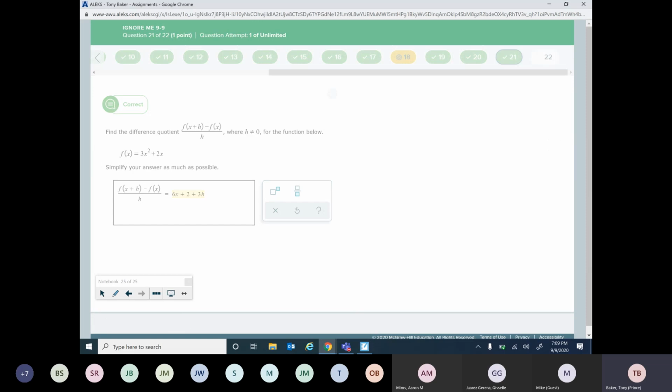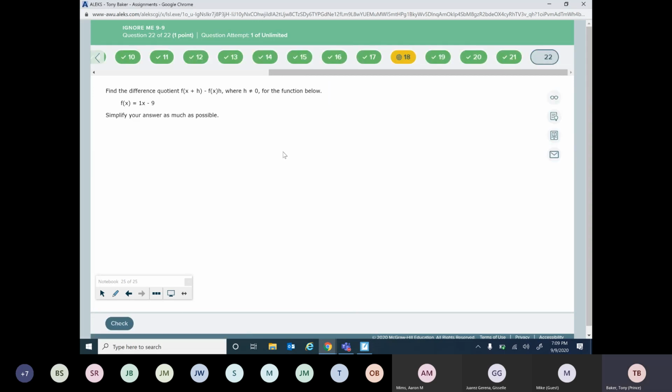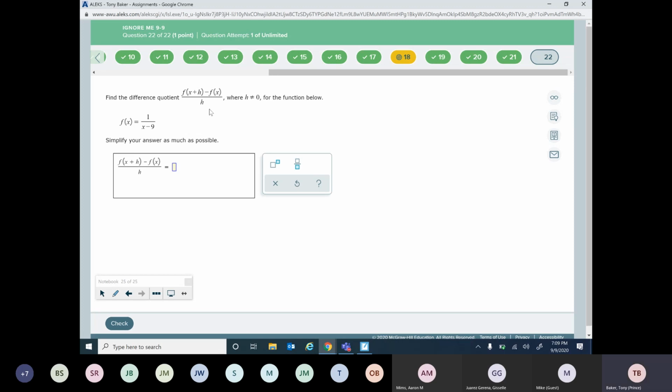All right, one more of these. We're going to do the same thing. It's just messier because it's got a division in it. So I've got f of x is 1 over x minus 9.